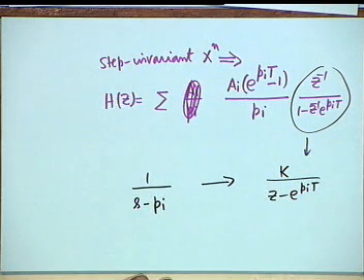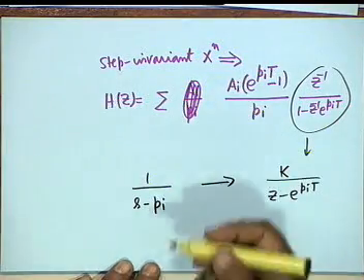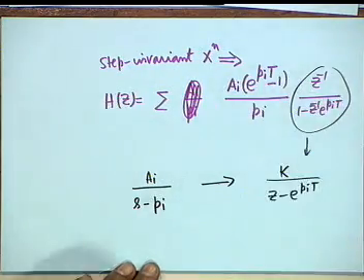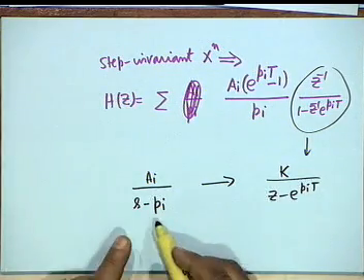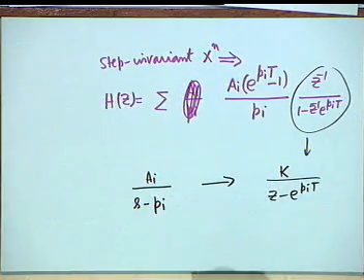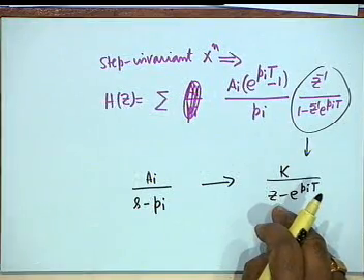Agreed? In the step invariant transformation, this is what has gone. This constant is ai e to the pit minus 1 by pi, but as far as the z domain function is concerned, s minus pi has gone as z equal to e to the pit. In other words, the pole at s equal to pi has gone to a pole at z equal to e to the pit.